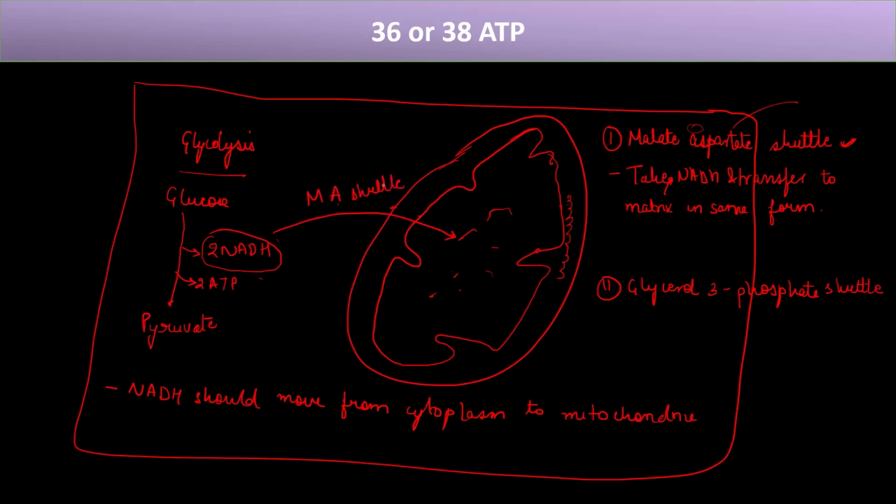So what happens? Here it is NADH, and here also, when it reaches the matrix, it will be NADH. But in the second case, what happens? This is the glycerol 3 phosphate shuttle. If this shuttle gets involved, then instead of NADH, it binds to NADH in the cytoplasm, but it delivers FADH2 in the mitochondrial matrix.